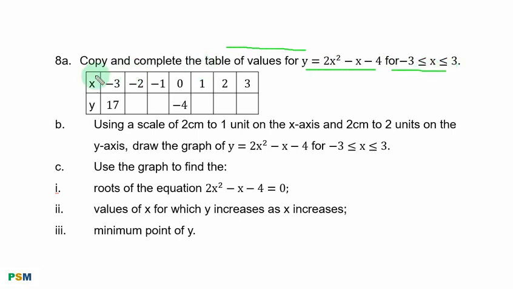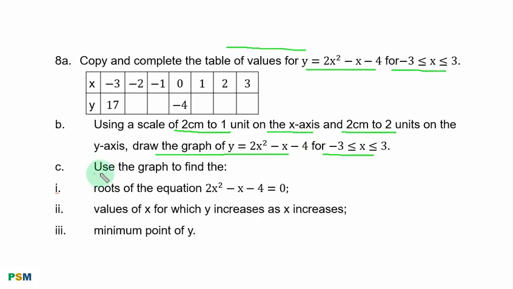You have the table of values with some missing y values. B part of the question: using a scale of 2 cm to 1 unit on the x-axis and 2 cm to 2 units on the y-axis, draw the graph of the given function over this range.